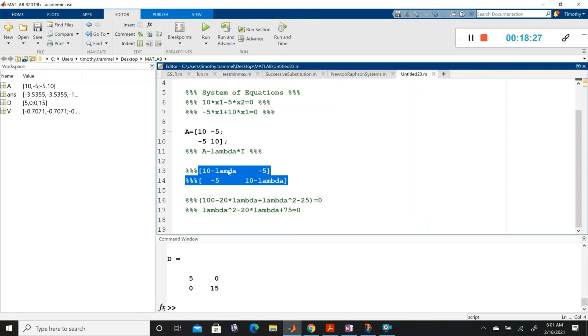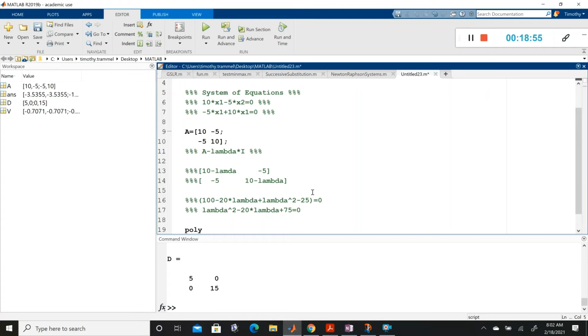And if I were to take the determinant of this, what I have highlighted here, and distribute after finding the determinant, this is the polynomial that we would end up with, or written in a slightly different order here, we have lambda squared minus 20 lambda plus 75. That's your characteristic polynomial.